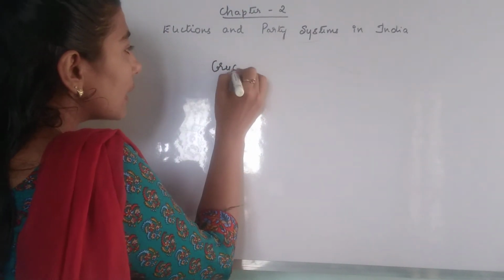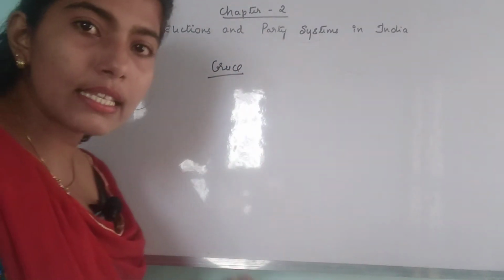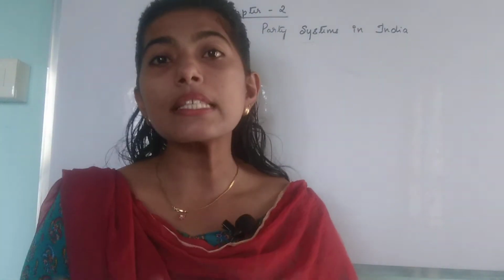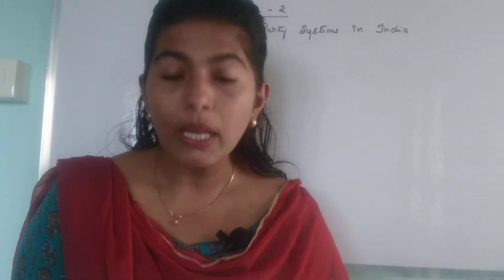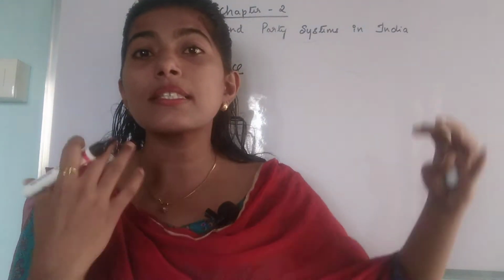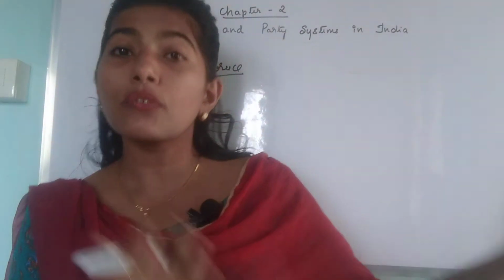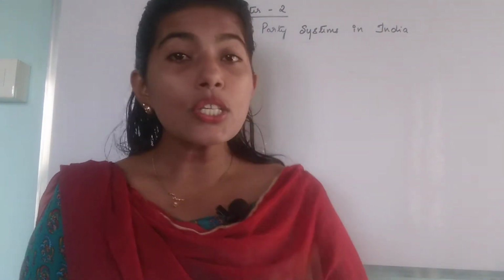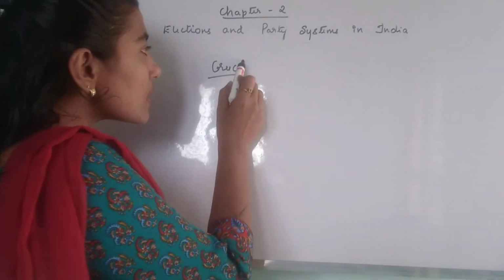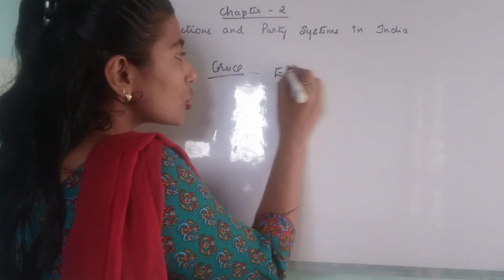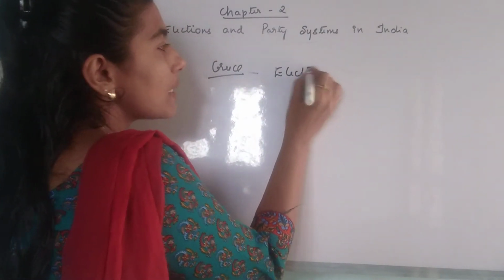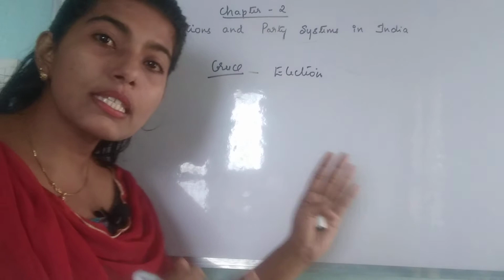Greece was the first country which developed the system called election. We also discussed that Greece is the one country where direct democracy started for the first time in the world. They used the system of election just to choose their representatives.